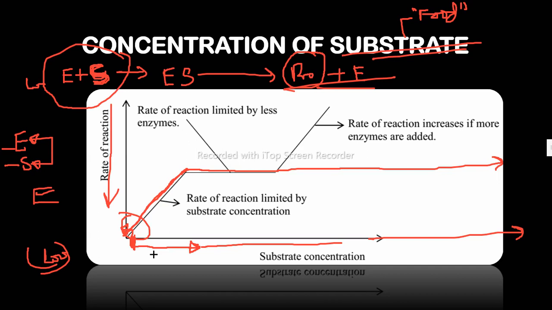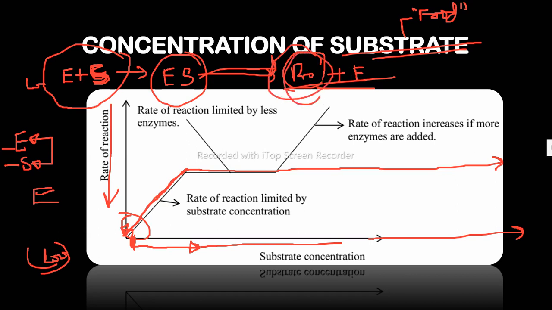But as the substrate concentration increases, the chance of an enzyme colliding with a substrate molecule is going to increase, so that at any time t, the enzyme molecules will be colliding with the substrate molecules to form an enzyme substrate complex, which can now dissociate because the energy developed in those collisions is going to be high, to give you the products.